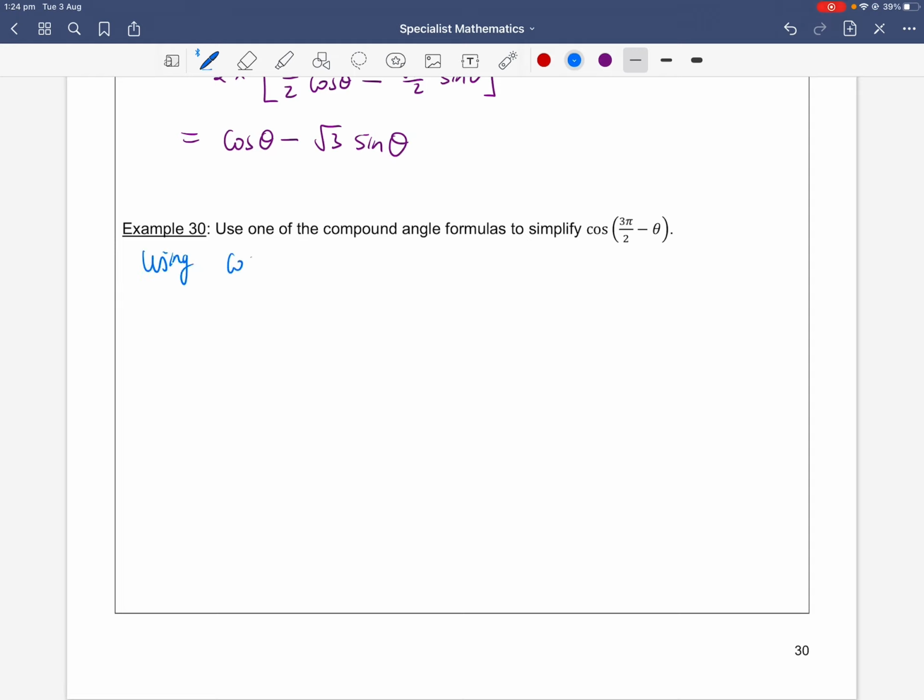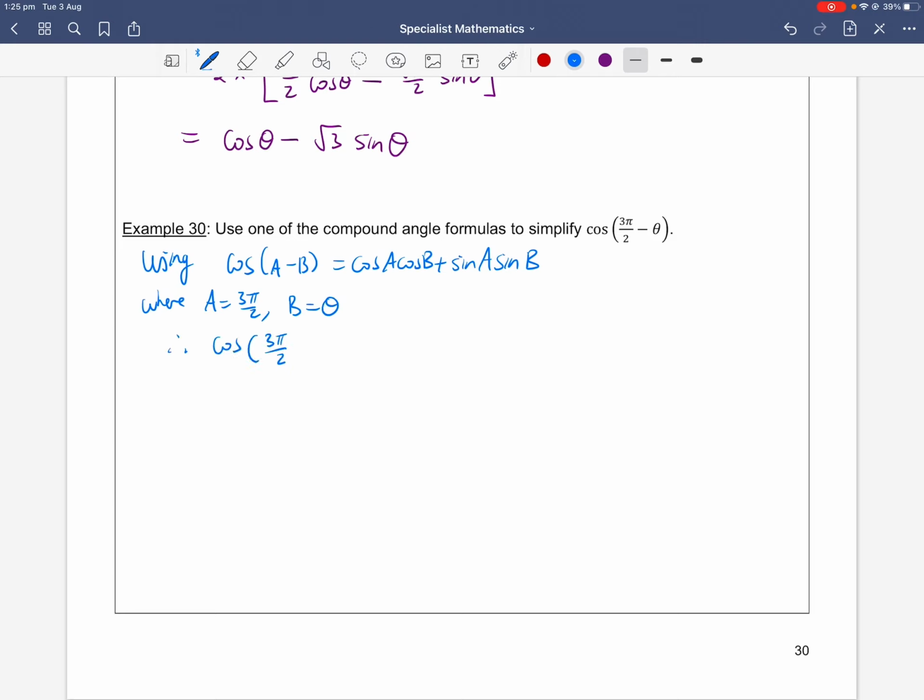So using cos of A minus B is cos A cos B plus sine A sine B. For us, our A is 3 pi on 2 and our B would be theta.